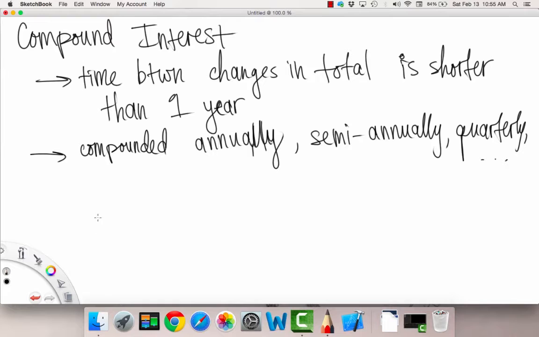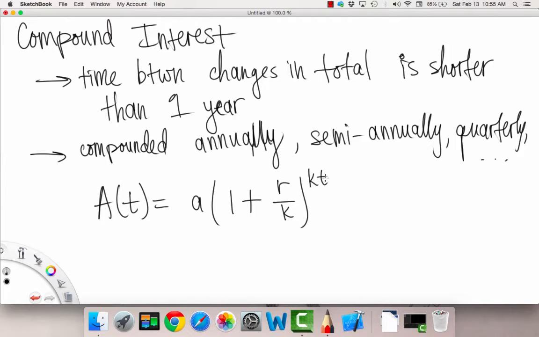Okay, so the general formula for this is going to be slightly different than the one that we had before. I'm just going to denote it like this: A of t is equal to A times 1 plus r. So it looks pretty similar right now, but here's the change. Now we're going to divide r by k, and then raise that whole thing to the kt. Okay, so the only thing that's new is our k.